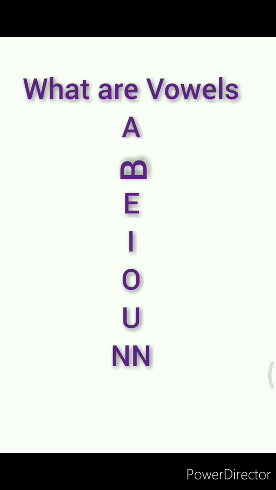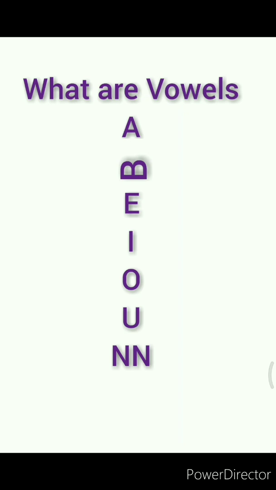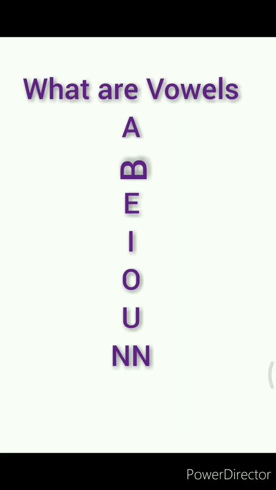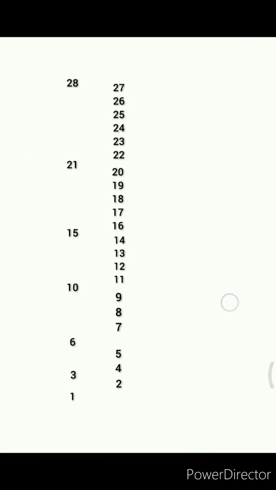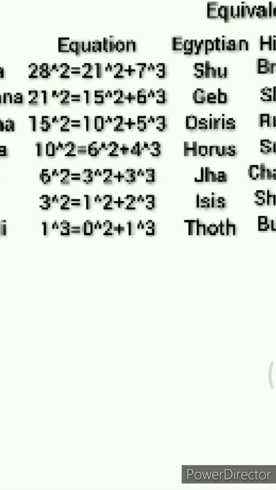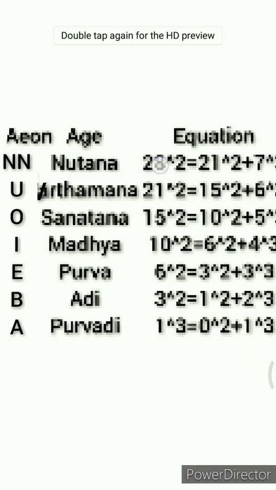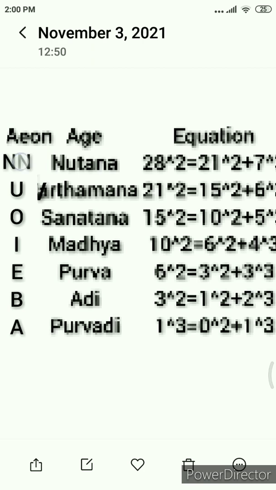Sophia is the 14th letter N. Why I represented this with NN is that it is basically 14 plus 14, the 28th ion. That is the reason why I represented 28 with NN. NN represents 14 plus 14.